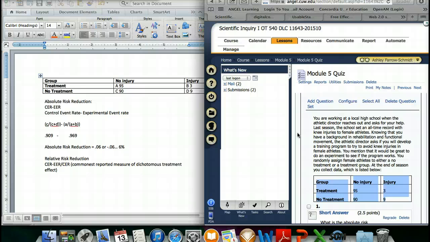Knowing that you have a background in rehabilitation and functional movement, the athletic director asked if you would develop a training program to try and avoid knee injuries in the future. You mentioned that it would be great to do an experiment to see if the program works. You randomly assign female athletes to either a no treatment or a treatment group. At the end, you collect the data, which is listed below.